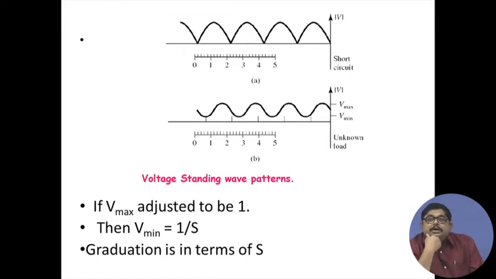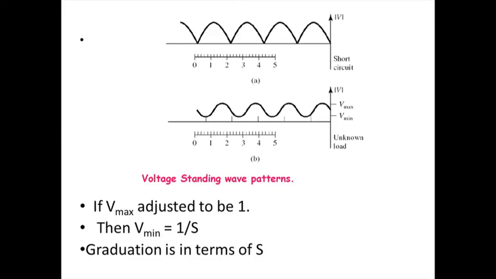Then you remove the short circuit and put an unknown load. Obviously, if this load is not short or open or anything, it will also have that standing wave pattern. The only thing is, with a short circuit, at the position of the load you have a 0. If you have an open circuit, at the position of the load you have an infinite value of voltage maxima.